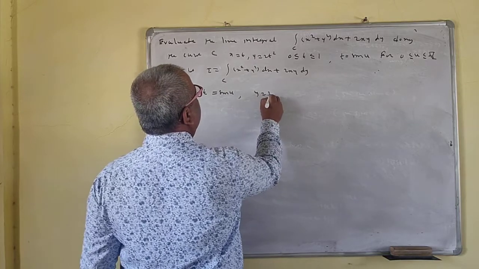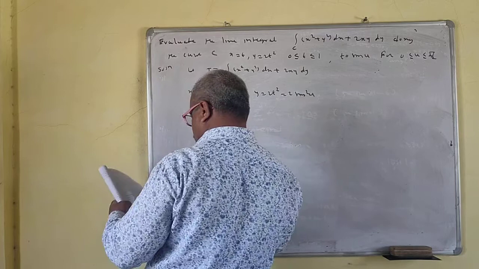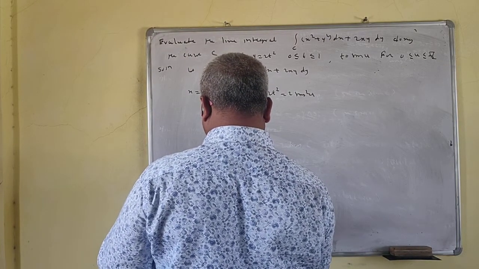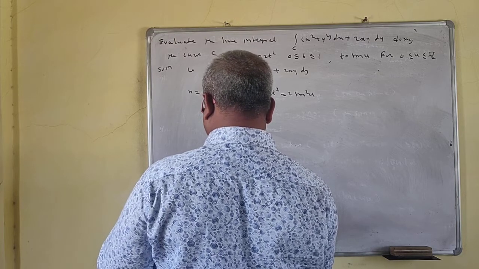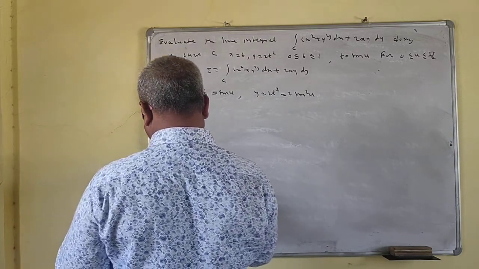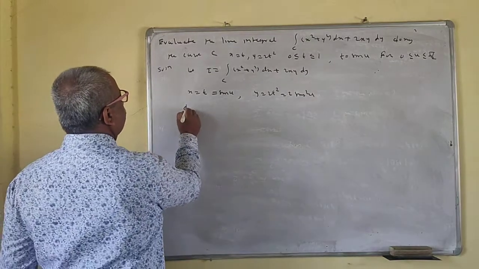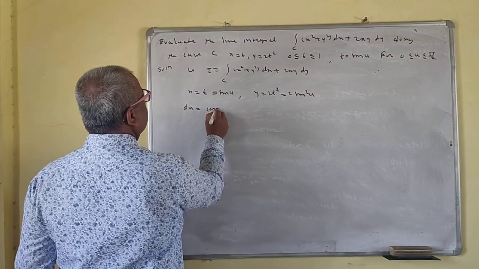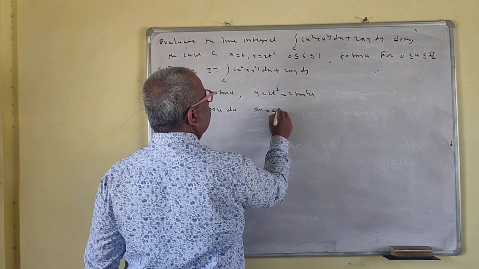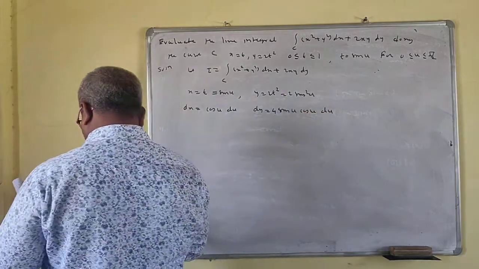So y is equal to 2t square, which means 2 sin square u. So dx is equal to cos u du, and dy is equal to 4 sin u cos u du.